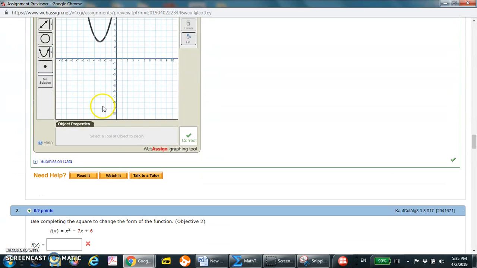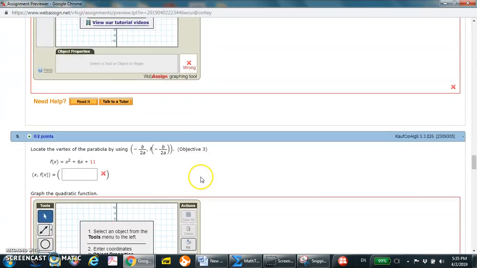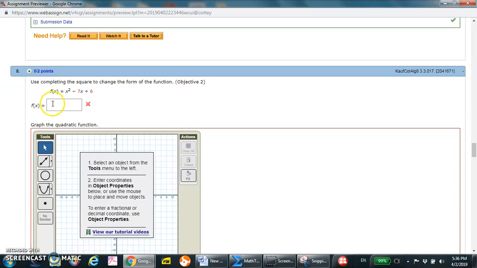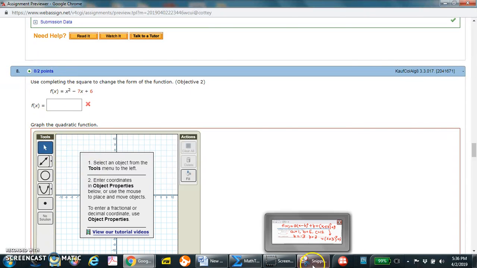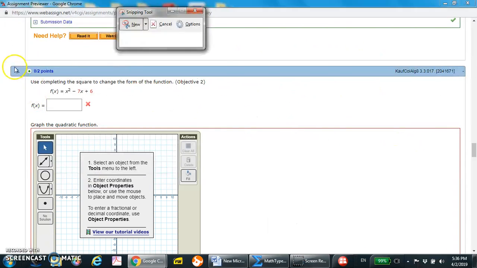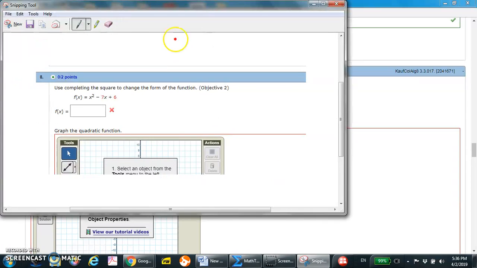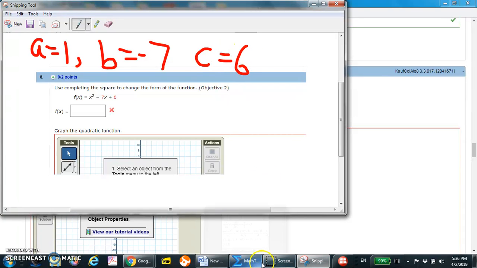Okay. Let me do another example. Use completing the square to change the form of the function. So here a equals 1 and b equals -7 and c equals 6.